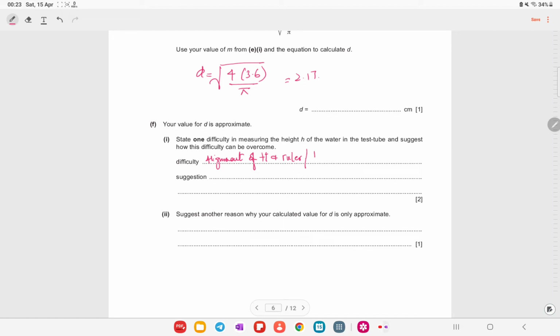Then it can be the level of the test tube. Then it can be holding it up, because the level of the liquid is not proper, and you can see this thing: you might be holding the test tube incorrectly, or it might be in a slant condition. So holding it vertically or straight.